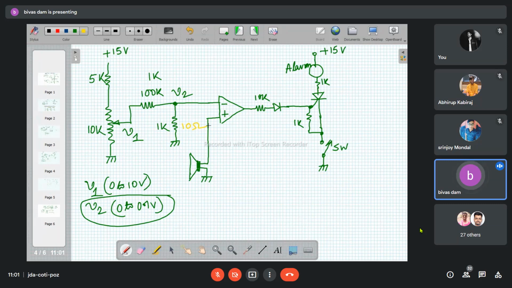There's almost one consensus that it will continue to remain in the range 0 to 0.1 volt. Anybody differing? Nobody?